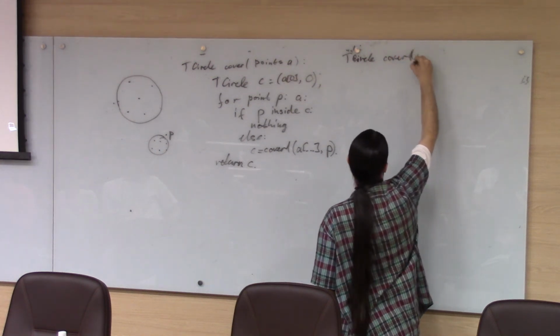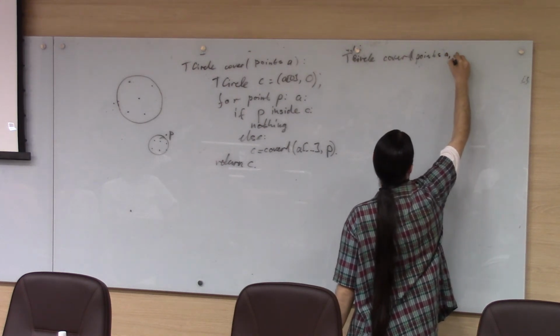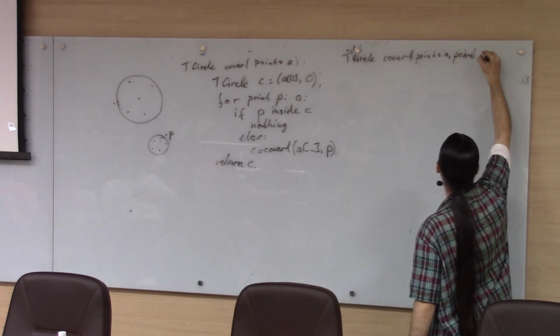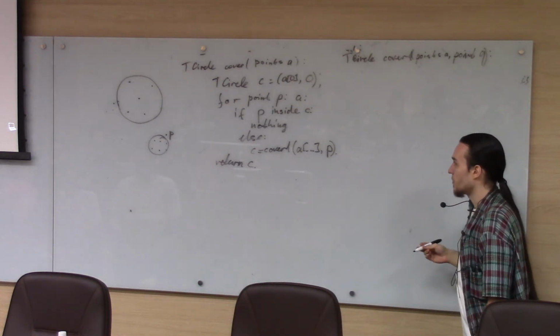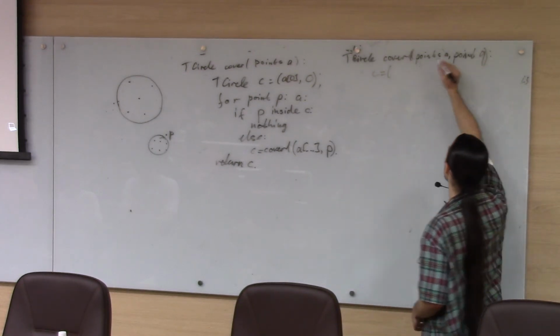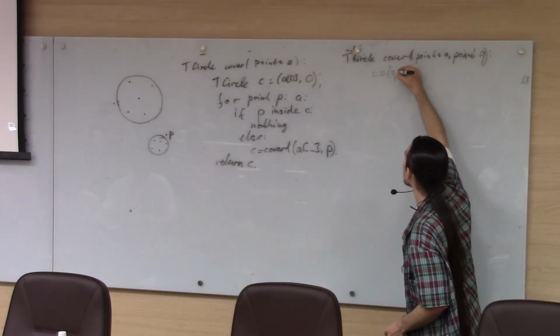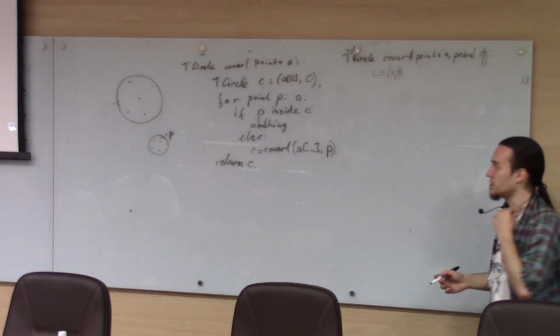Cover1: we have points here, and then we have a point like Q that is bound to be on the border. It starts pretty much the same. The circle is assumed to be centered at Q with radius 0.